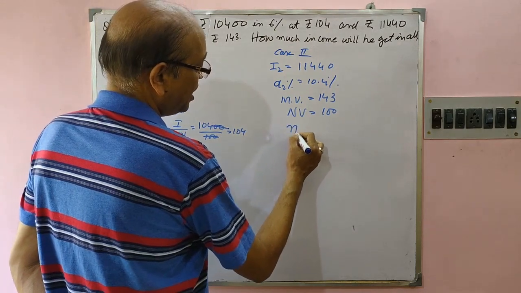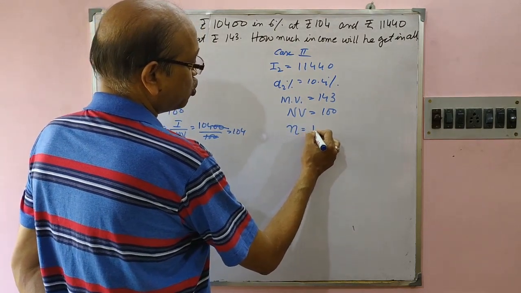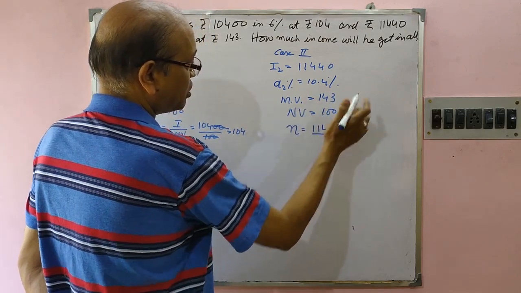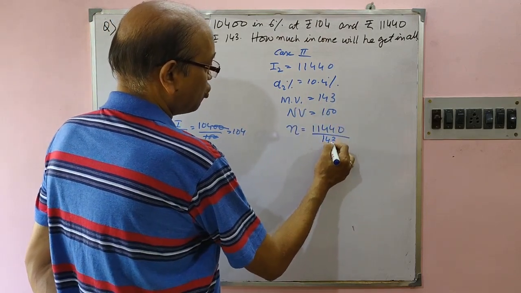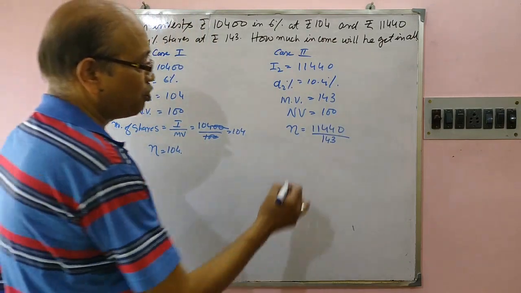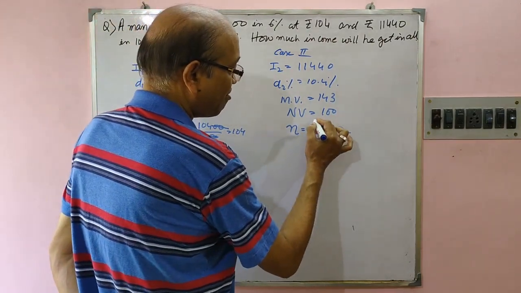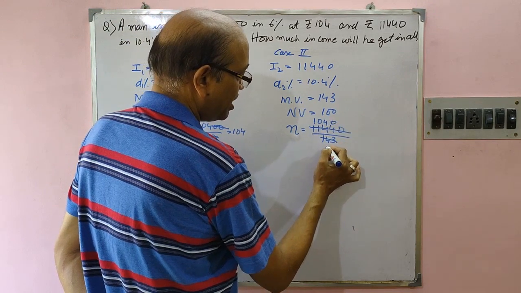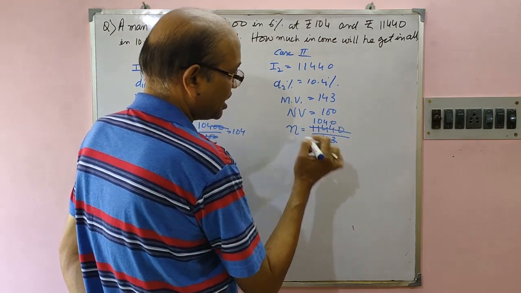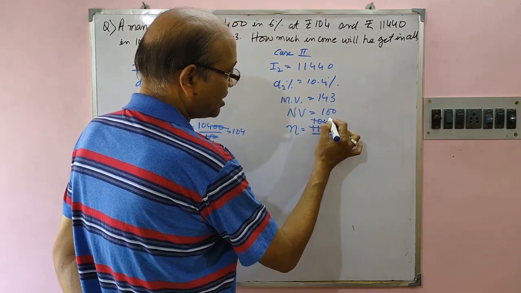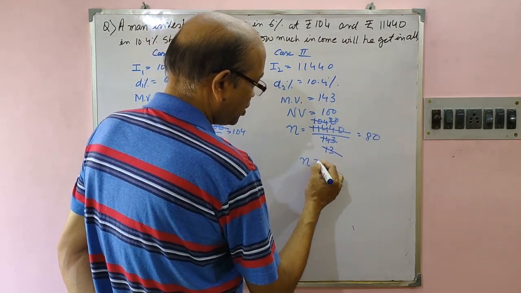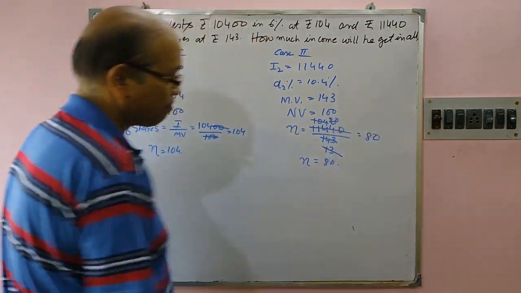Here, N is equal to number of shares is equal to 11440 by market value 143. 143 will go by 11 ones are 11, 0, 4, 0, 11 13 8s are 104, 80 here. Therefore number of shares here is 80.